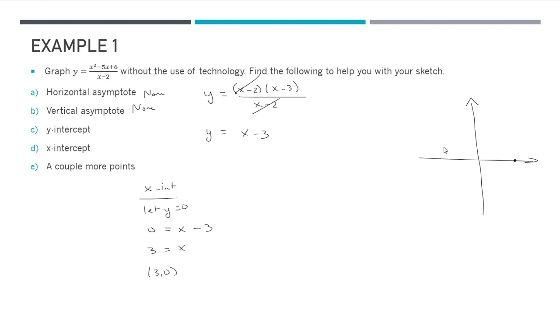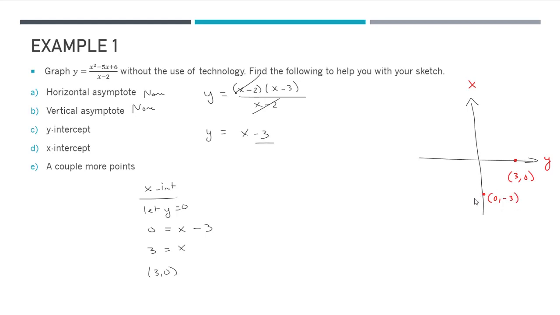Let's do that in red. So 3 comma 0. And this is my x, that's my y. And our y-intercept, well, we can find that out just from here because of the form it's in. So we know that that's going to be a negative 3. So 0 comma negative 3.